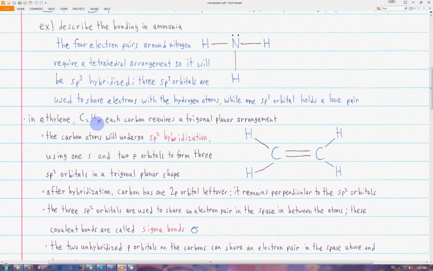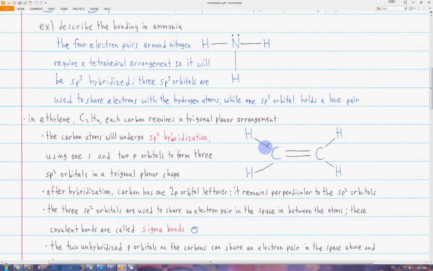So next we're going to look at ethylene, C2H4, which you can see the Lewis diagram for here. So remember that a double or triple bond, we count it as 1 space. So each carbon has 3 effective spaces around it. So it doesn't need a tetrahedral arrangement, it needs a trigonal planar arrangement.